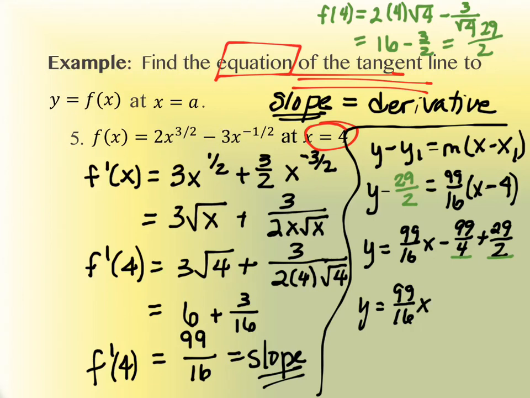So what is 99 over 4? And that's negative, and then the 29 over 2, which is positive. I'm going to have a negative. Did anyone get it? Right, so you can multiply this by 2. It is 41 over 4.